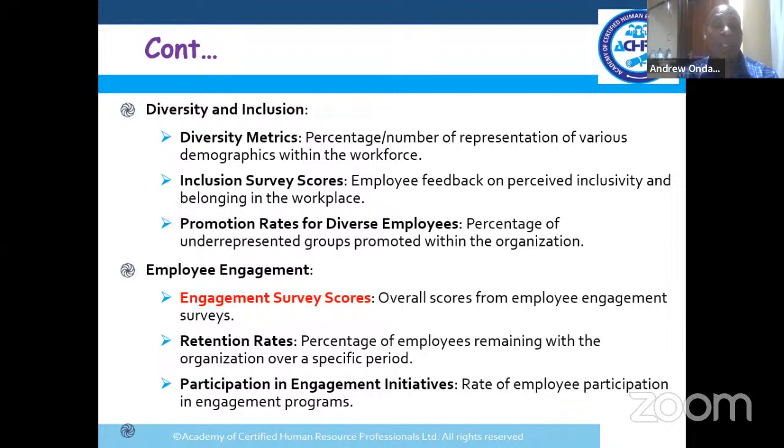So when we allow these employees to participate, they feel important, they feel recognized, and they feel that their contribution matters. And therefore they feel valued. So we can measure engagement initiatives such as meetings, such as organizational activities, which require employees to bring their input.